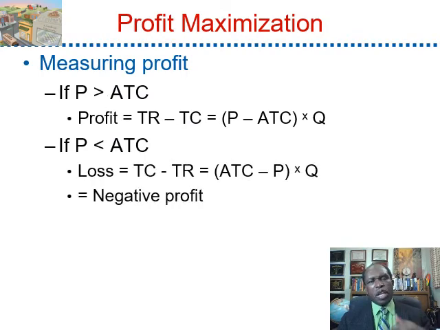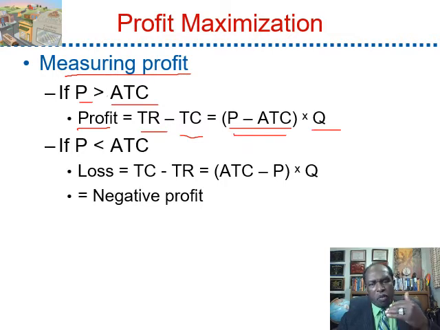Let's summarize figure number 4 by measuring the profit the firm is making. If price is greater than average total cost, the firm will be making profit. The profit is positive. And how do you measure profit? Profit equals total revenue minus total cost, or P minus ATC times the quantity sold. P minus ATC is known as the profit per unit.